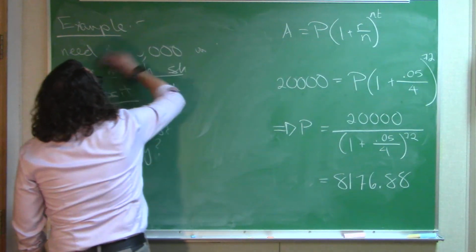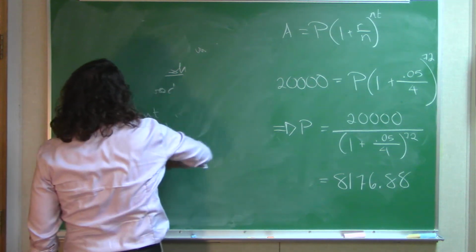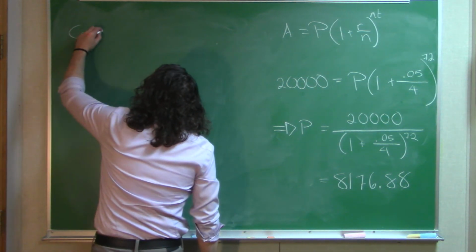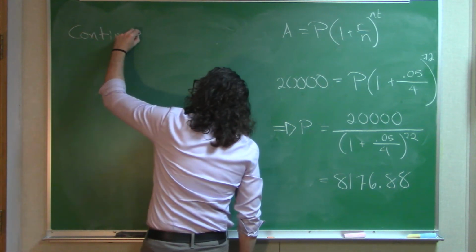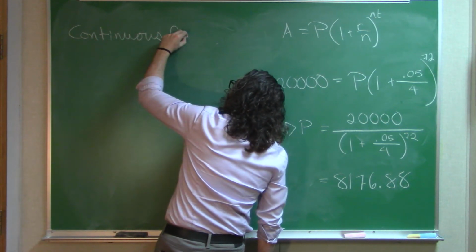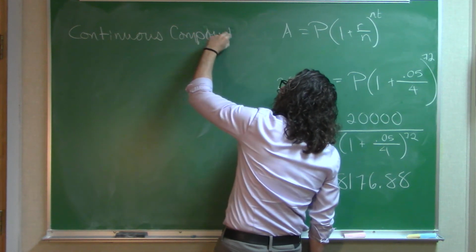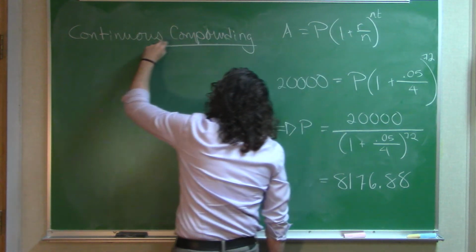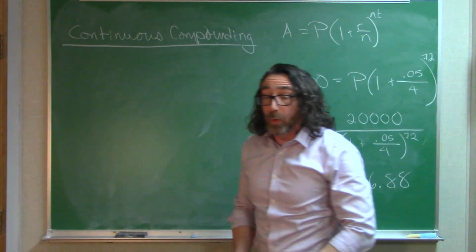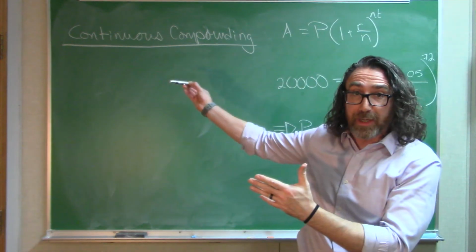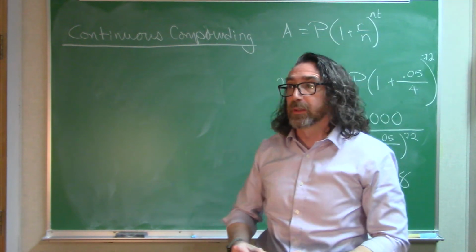There's another formula that we need when we do continuous compounding. Okay, you'll know that you're dealing with a problem that involves continuous compounding because they will say compounded continuously.